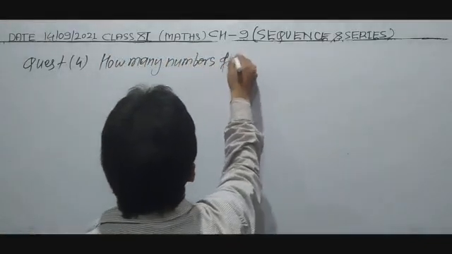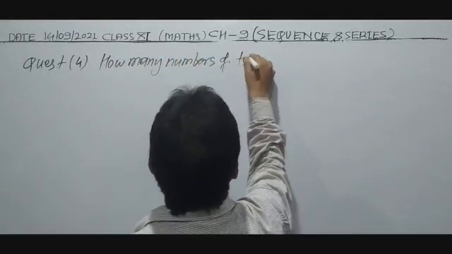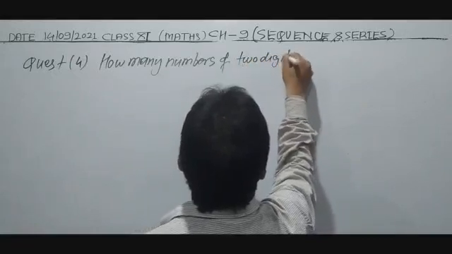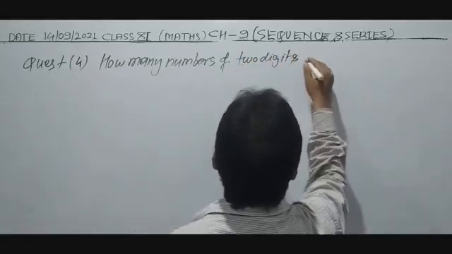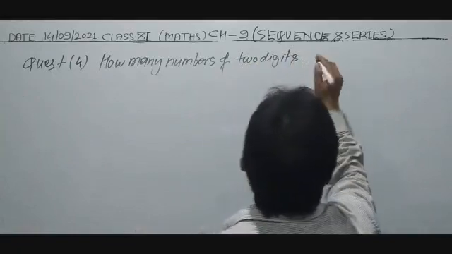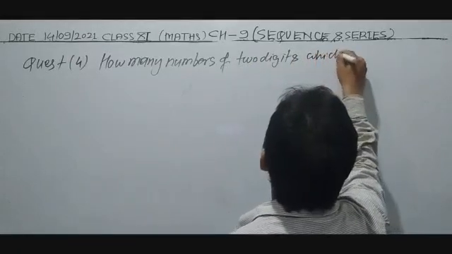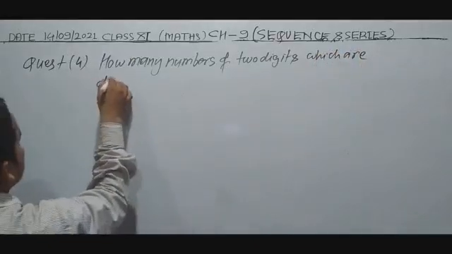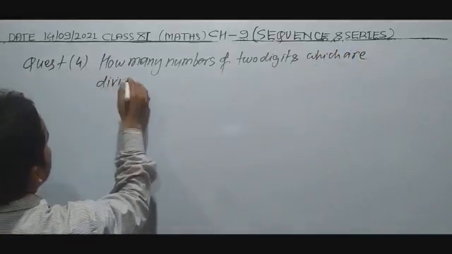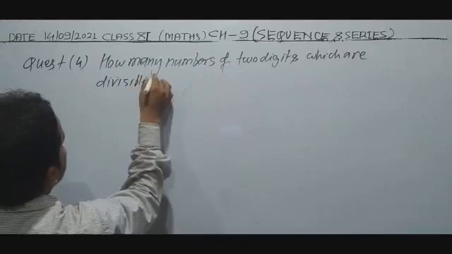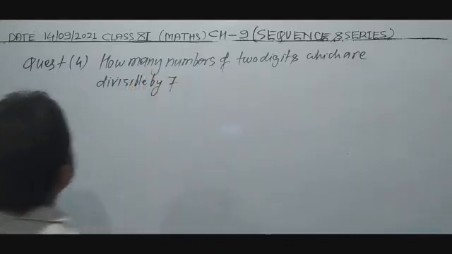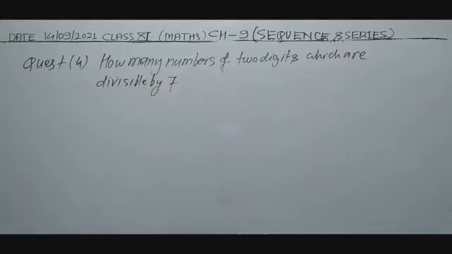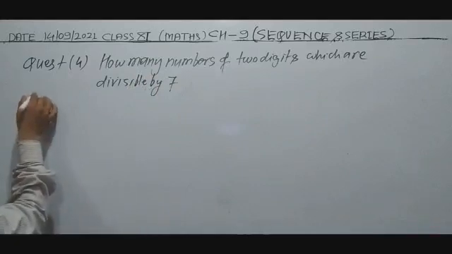How many 2 digit numbers are divisible by 7? So see the solution.